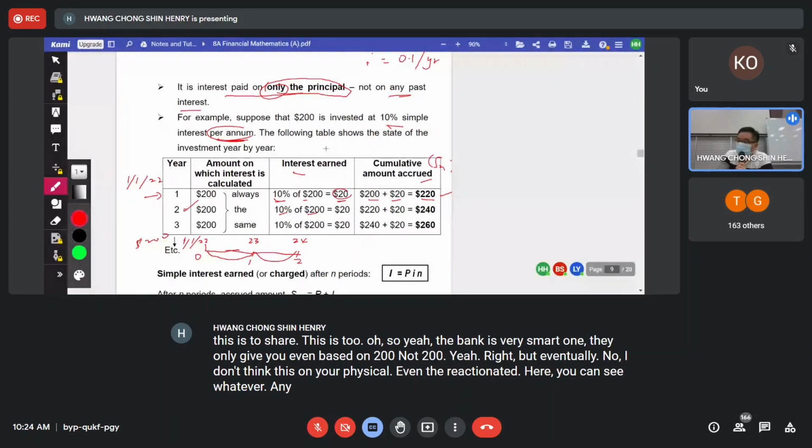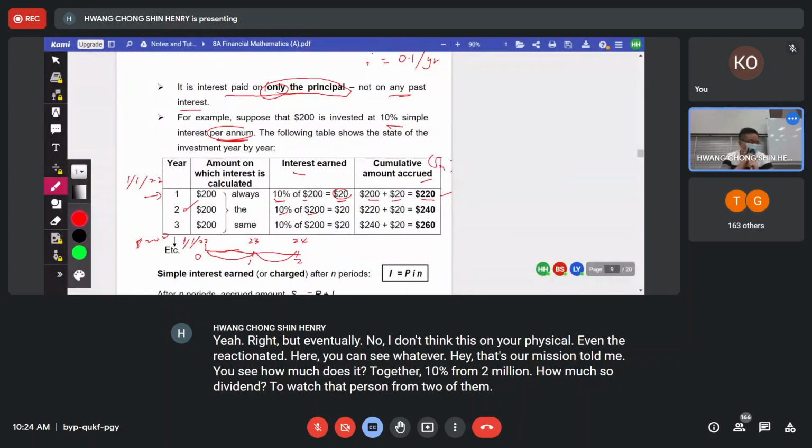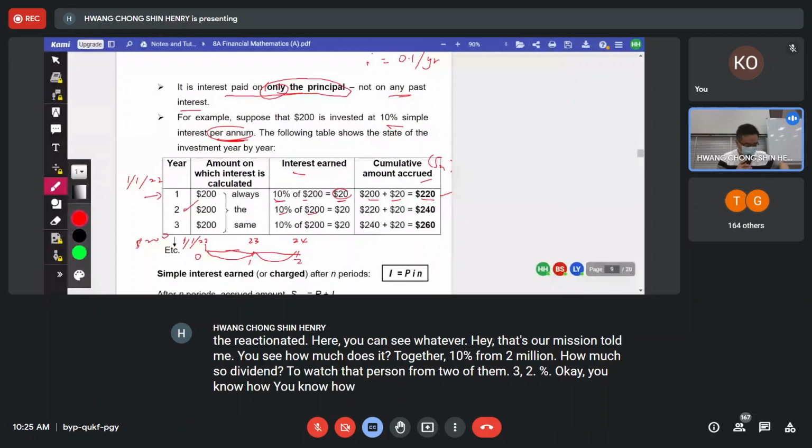That's why I mentioned 2 million, right? How much would the dividend be at 10%? 10% from 2 million, how much? 2 million, how many zeros? 6 zeros, right? You times 10%.